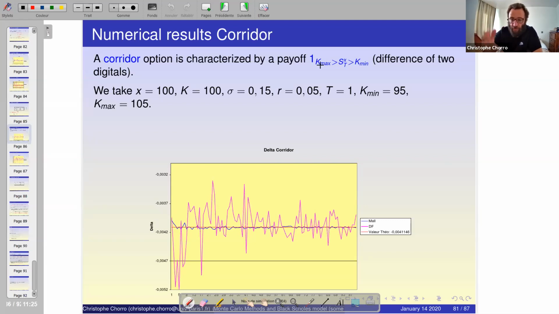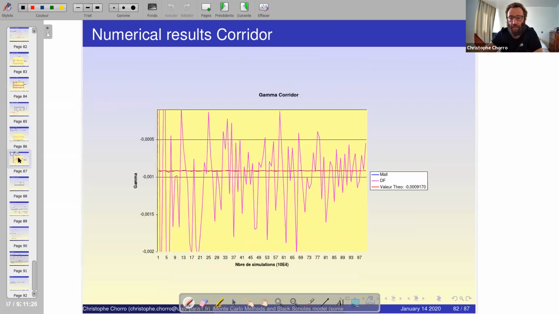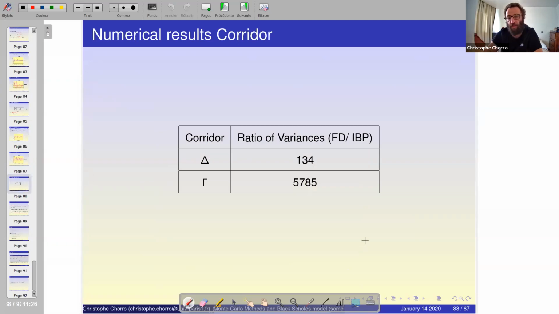So if I do this here, I see that for the delta, once again, the blue is better than the pink. That is, the weighting method is better than the naive one. And for the gamma, I obtain something like this, where you don't see the blue anymore with respect to the pink. And if I want to quantify a little, even in the case of the delta you have results that start to be really interesting.